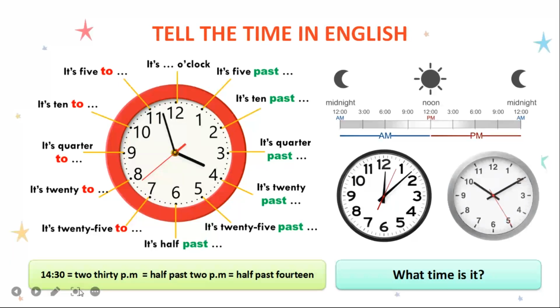That's the white clock or the gray clock. What time is it? Look at the small hand. It points to 10. So that is 10. Then look at the big hand. Where does it point?